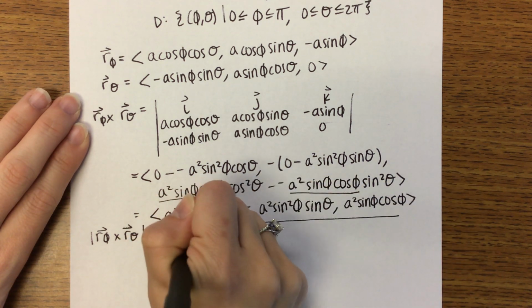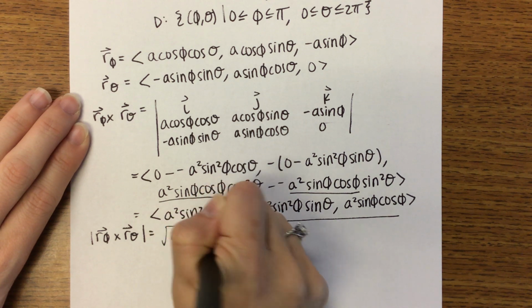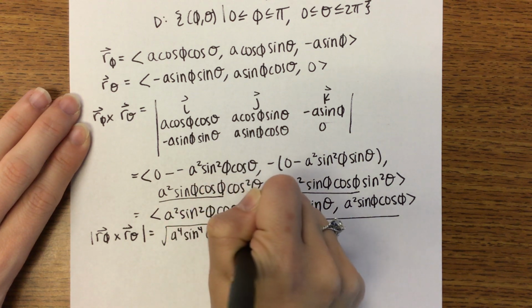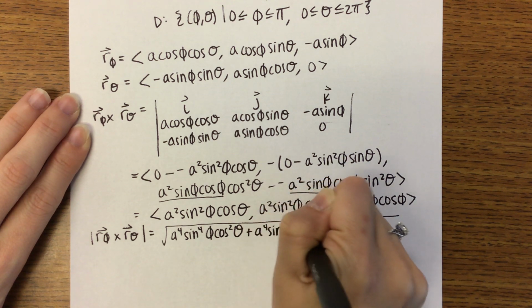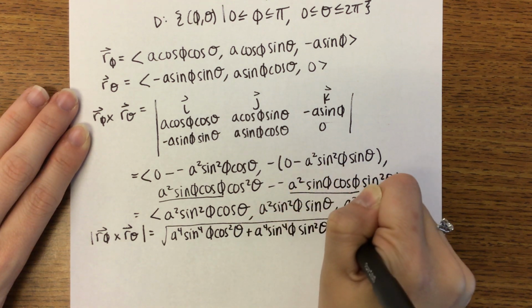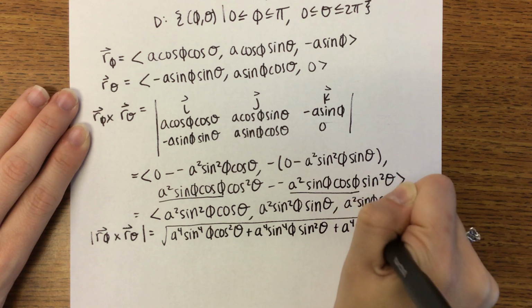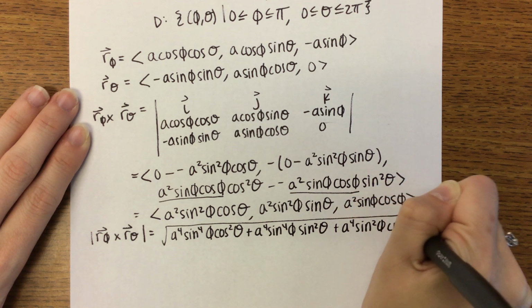So we're going to end up with a to the fourth sine to the fourth of phi cosine squared of theta, add a to the fourth sine to the fourth of phi sine squared of theta, add a to the fourth sine squared of phi cosine squared of phi.